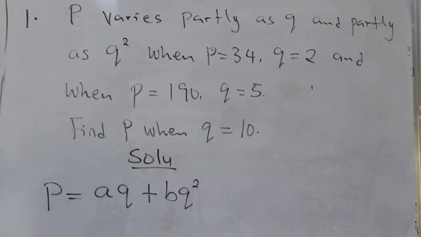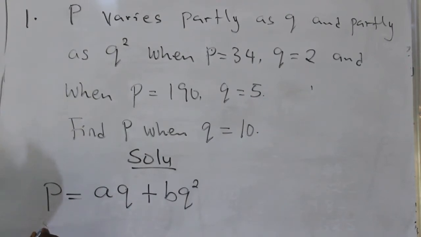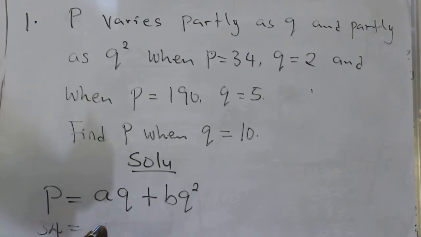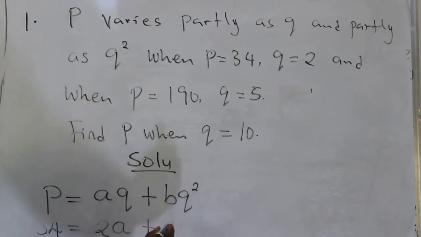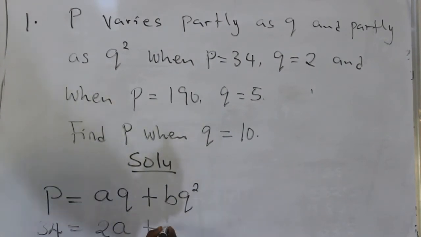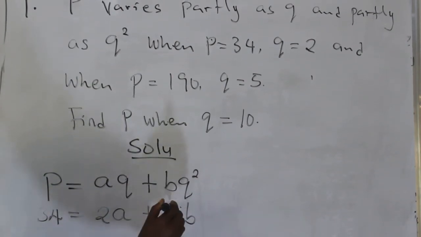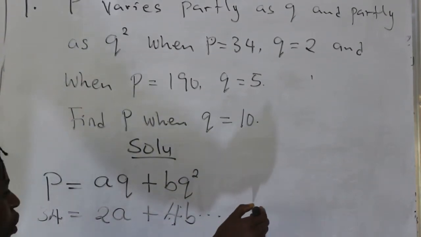So the first part of it, p here is 34 and q is 2. So we have 2a. Then plus the q is still 2, but here now we have square. So we have 2 square b. And what is 2 square? 4. So let me just write 4b. So we can name it equation 1.